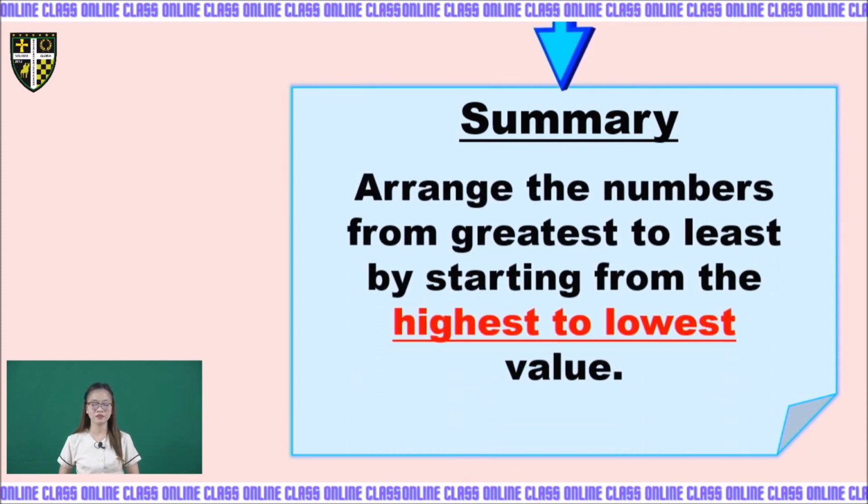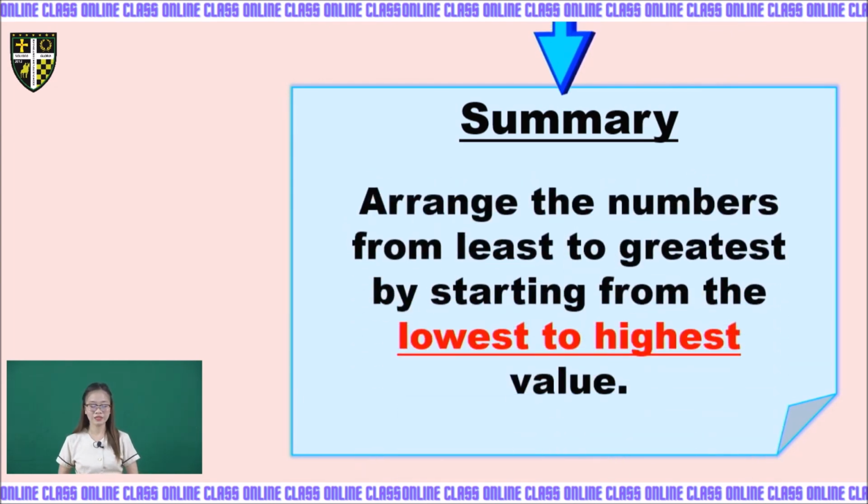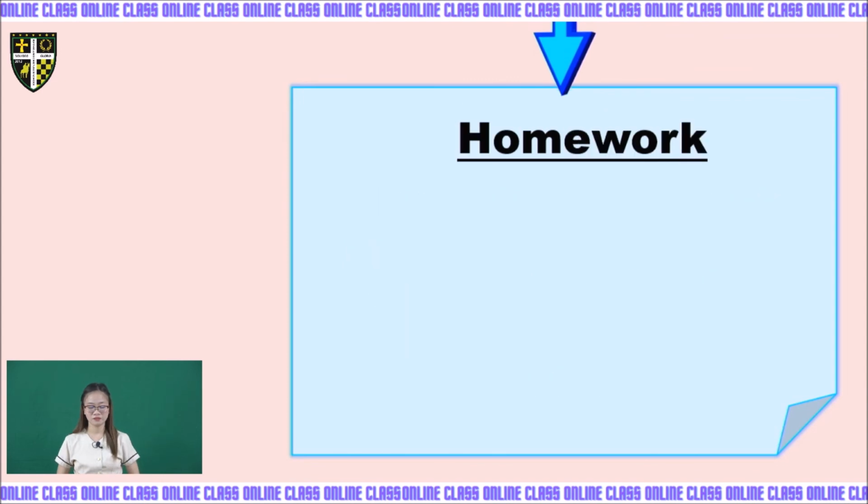Arrange the numbers from greatest to least by starting from the highest value to the lowest value. Next, arrange the numbers from least to greatest by starting from the lowest to the highest value. So that is our lesson for today, kids, about ordering numbers.